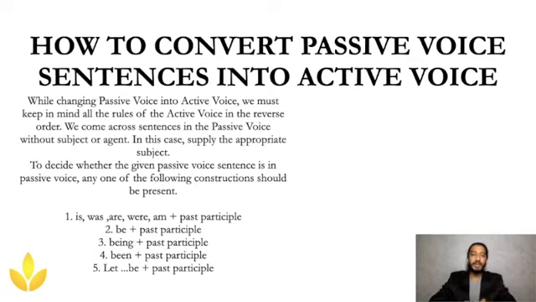So you just need to see what auxiliary verbs are being used. At places, as you saw in the first example, it could be is, was, are, were, am. The second one is be or to be. The third one is being. The fourth is been plus the past participle form.